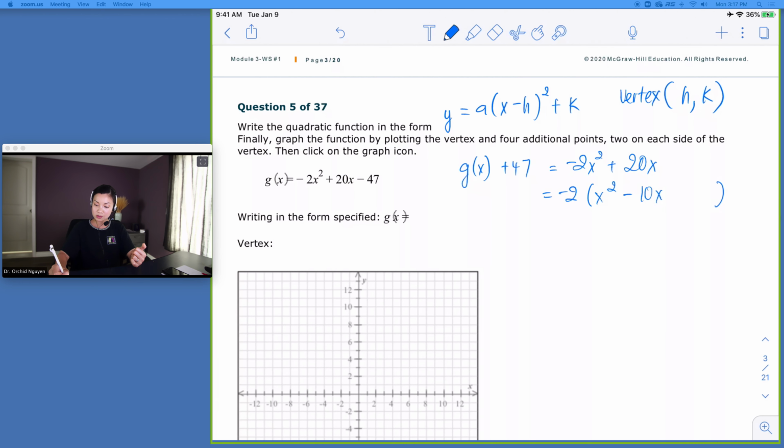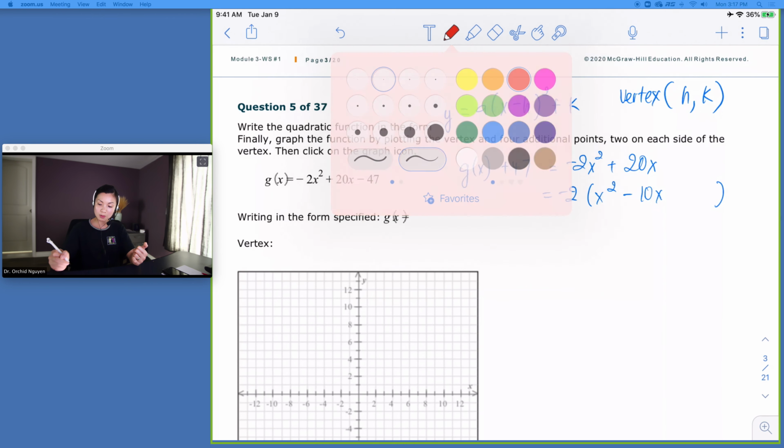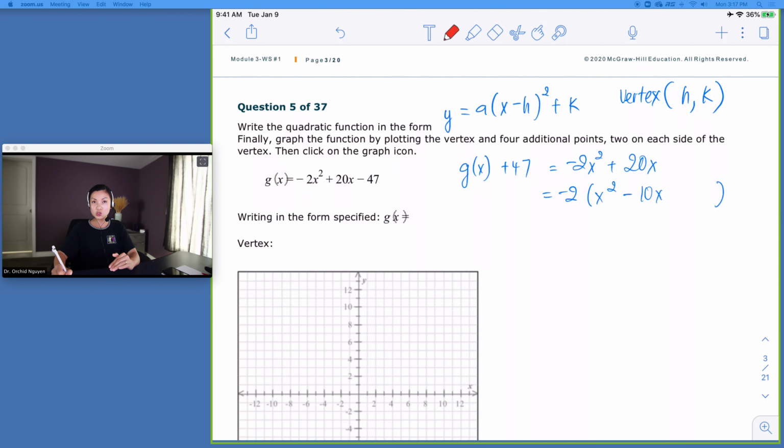Okay, I'm going to leave some room because we have to add some number. Negative 10 divided by 2 is negative 5. 5 squared, 25. However, what I have is the negative 2 in front. So we just have negative 50. So I have to put minus 50 on this side.